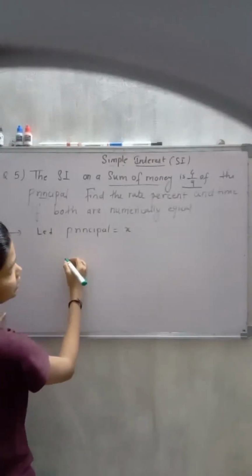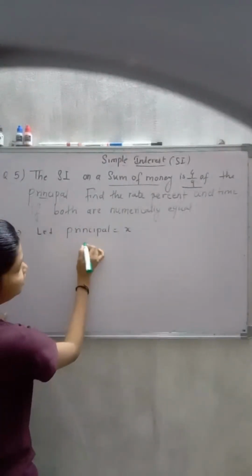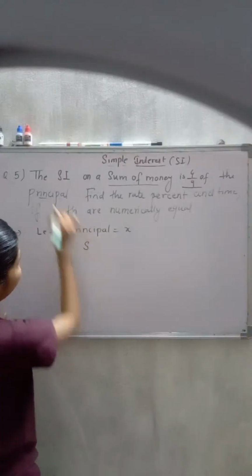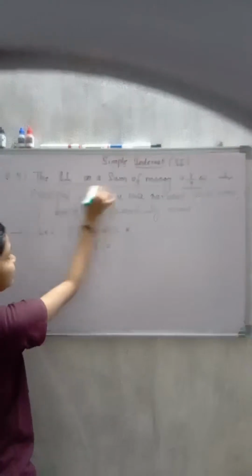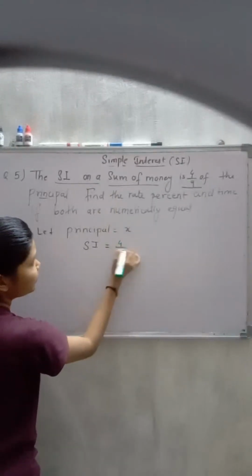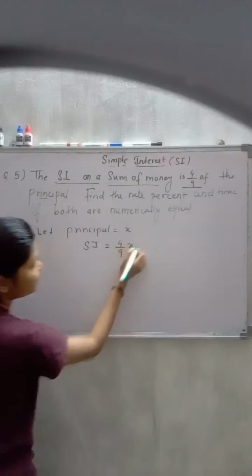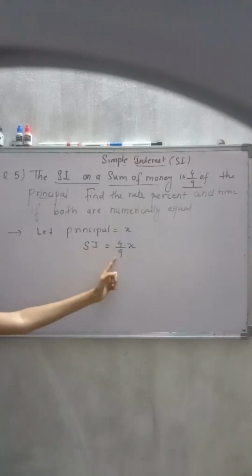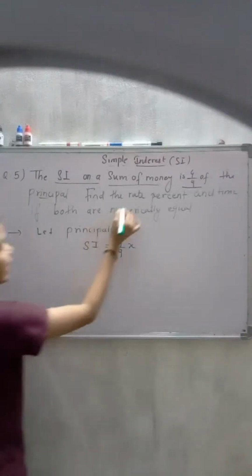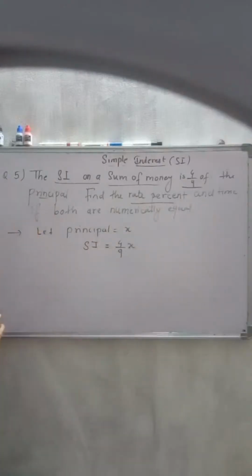SI on sum of money is 4 by 9 of principal. Means if principal is x, then the value of SI will be 4 by 9 of x. Find the rate of interest and time.